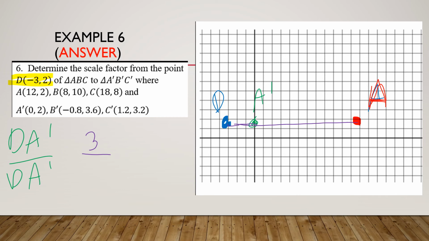From D to A was 3, 4, 5, 6, 7, 8, 9, 10, 11, 12, 13, 14, 15. So if we simplify that fraction, my scale factor is 1/5.